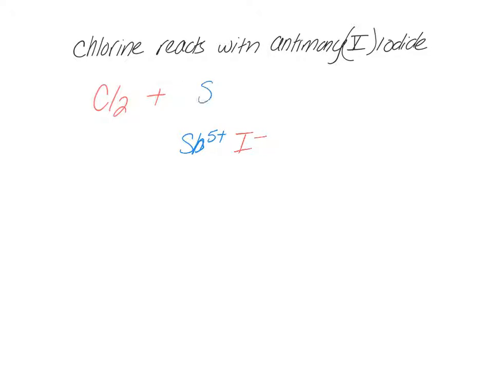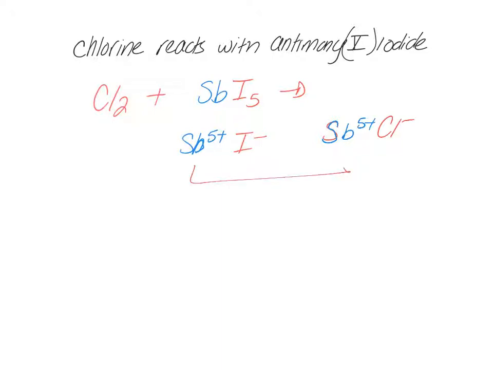So that means that would be SbI5. Okay, a metal and another, a non-metal and another non-metal can't go together. So therefore chlorine and iodine aren't going together, right? That means that antimony is going to go with, antimony 5 is going to go with chlorine now.